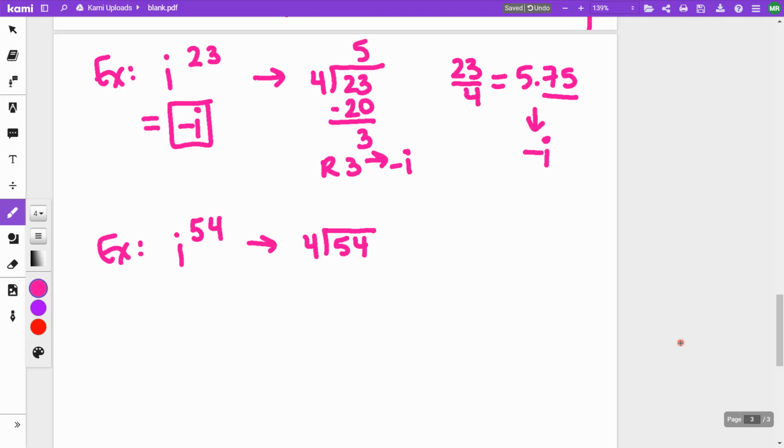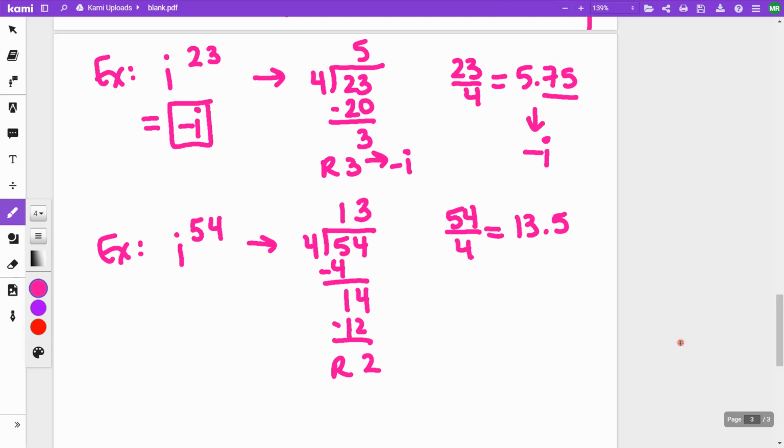Well, 4 goes into 5, 1 time. I have a 1, bring down my 4. 4 goes into 14 3 times, which is 12. And I'm going to have a remainder of 2. Or I can take 54 divided by 4 on my calculator, and I get a 13.5.